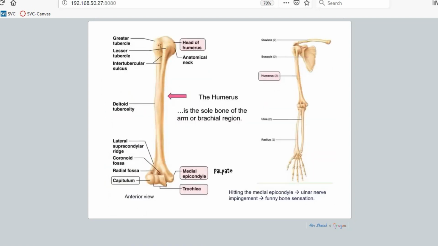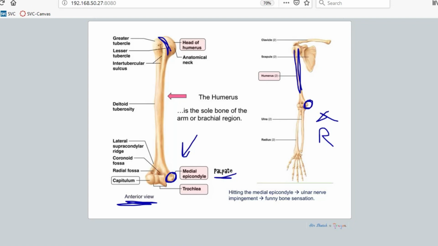Okay, now we get down to the humerus. So this is the sole bone of the brachial region. Here's the head of the humerus right here. Then we get down at the distal end of it, and we have some bone markings. This is an anterior view, and this is the right limb, and we have this bone marking there called the medial epicondyle, and you can palpate that, you can feel it, okay, and it's right there.